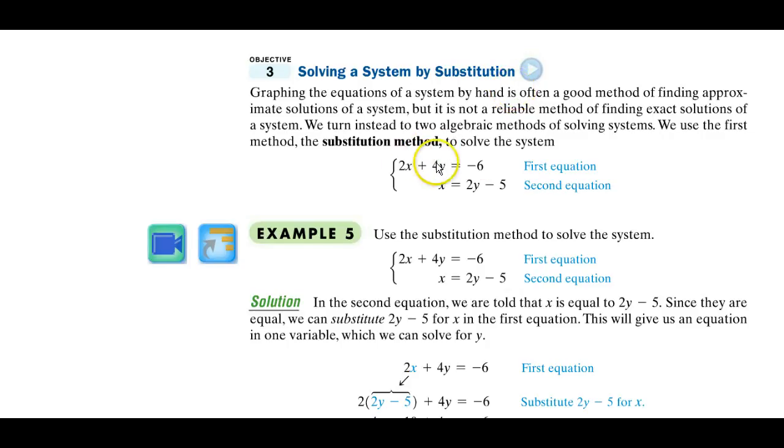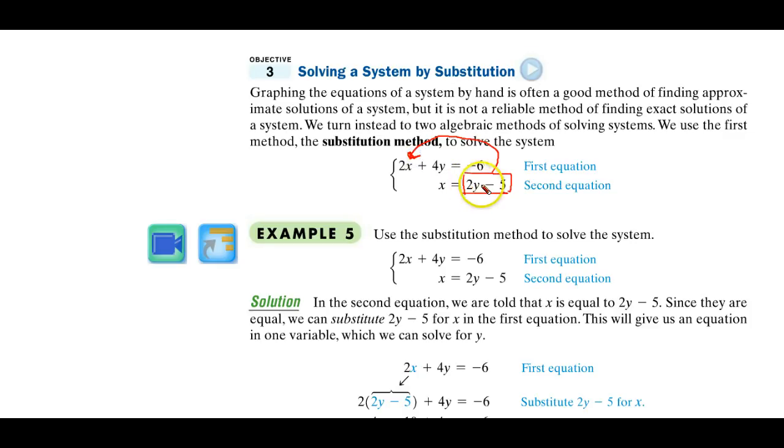Now as we see this equation's in standard form. Now the second equation, it appears that they solved for the letter x. So that's a key thing. And what we're going to do, as you will see, is take this value for x and put that value in the other equation where the x is.